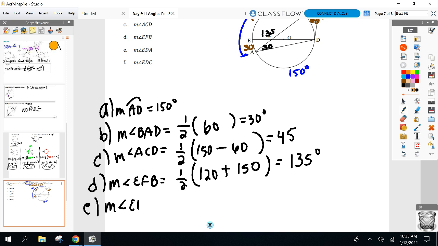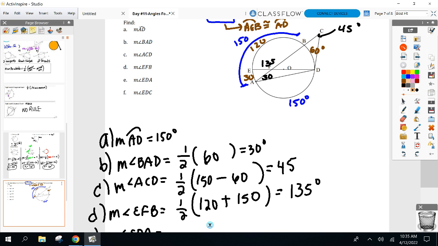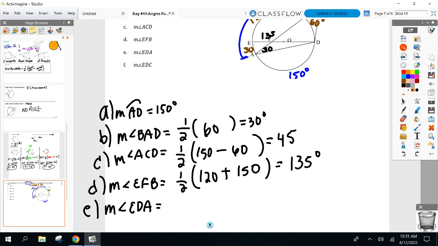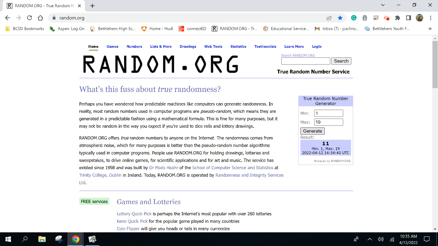Measure EDA. Inside? Yep. Central? Inscribed. Yep. So we're about to take half an arc. What arc should I be taking half of to find EDA?